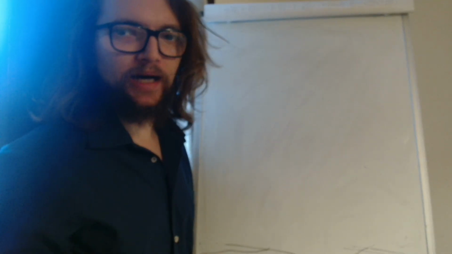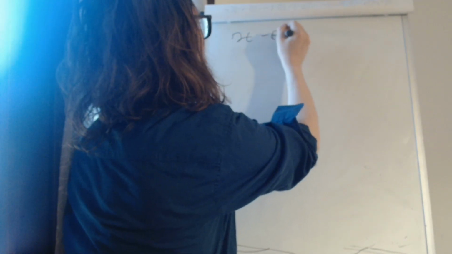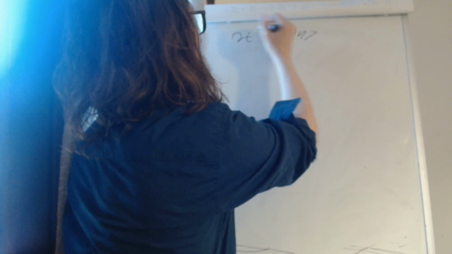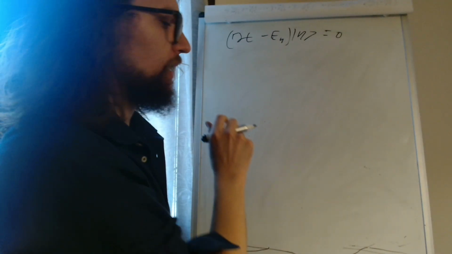So we start by expanding the terms in the equation we can't solve, which was (H minus En) |n> equals 0. I have brought everything to the left.